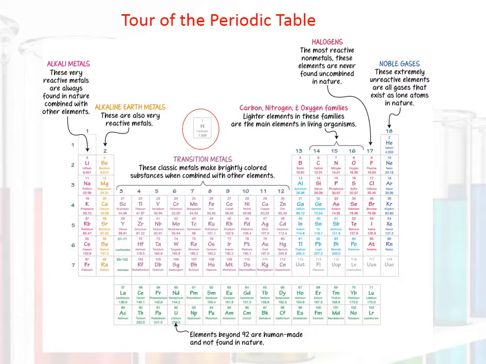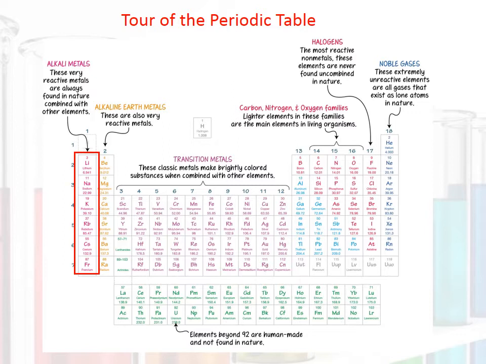In this slide, I'm going to introduce some of the groups by name. So let's start at the left-hand side, and these groups are indicated with the red box. This is a group of metals, and it contains some of them that you probably know by name. From the top, lithium, sodium, and potassium.